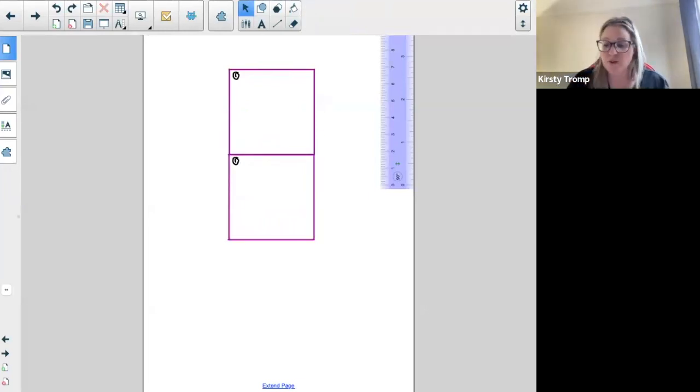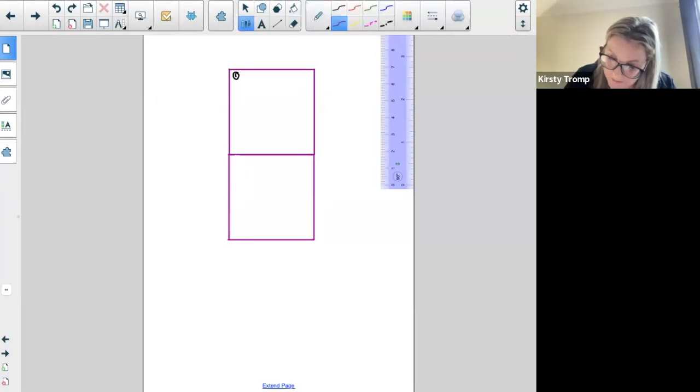You're going to draw another square that's 5 centimeters by 5 centimeters. And that would then be the second one. All right, we got 2.